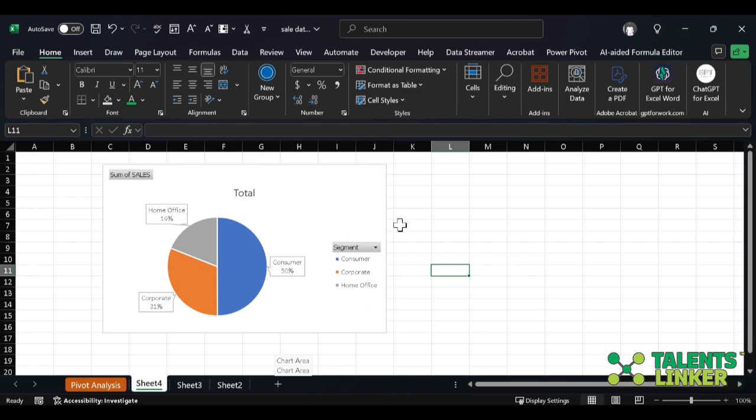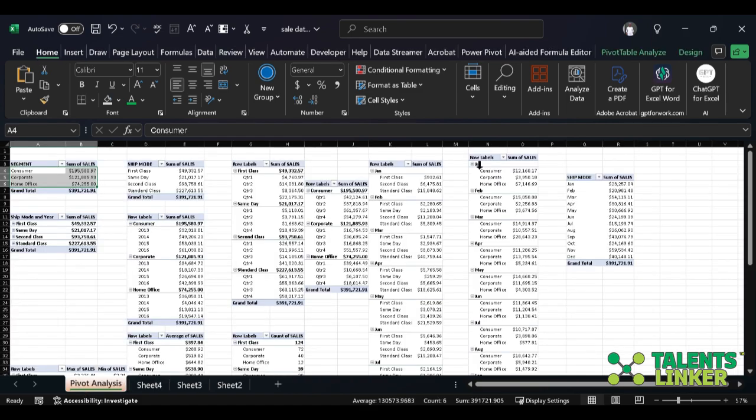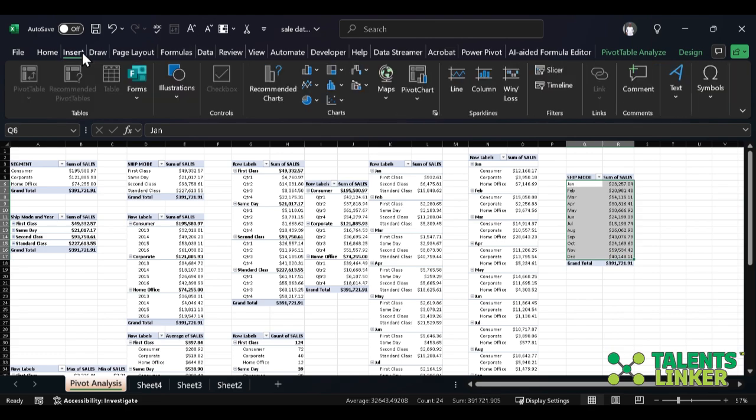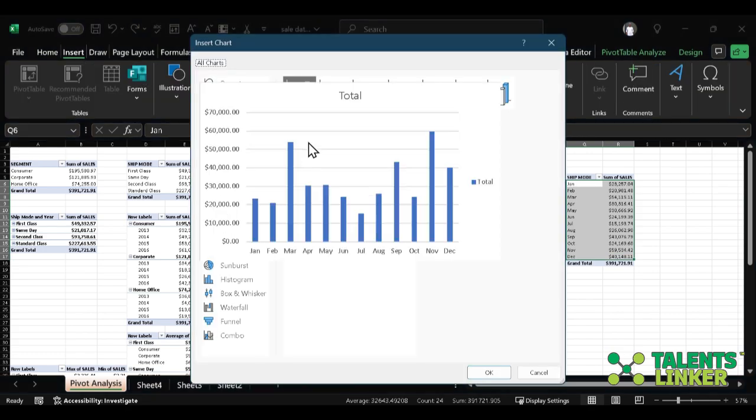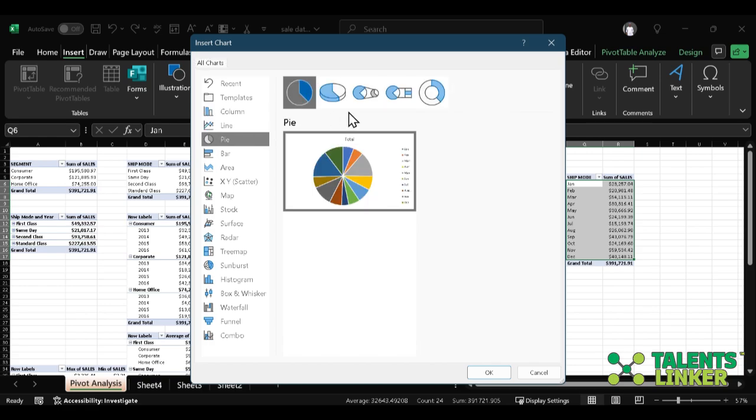So if you go back and do many others, let's check this time series and maybe create something under pie. You see how awkward it looks. So let's go back to pie and create.